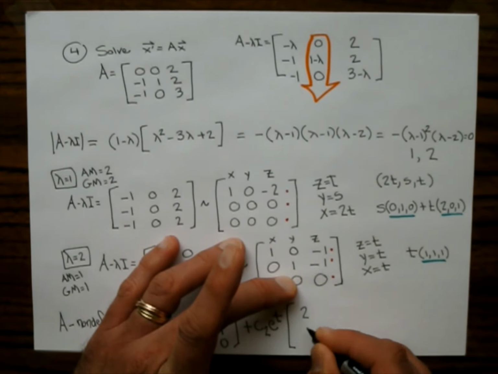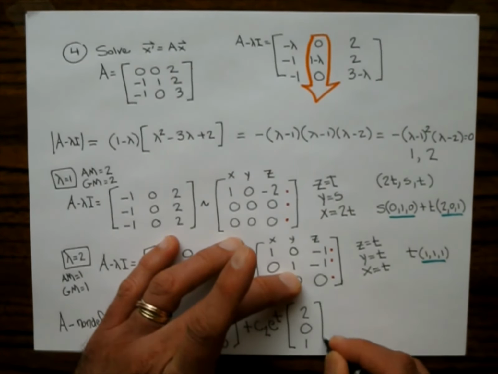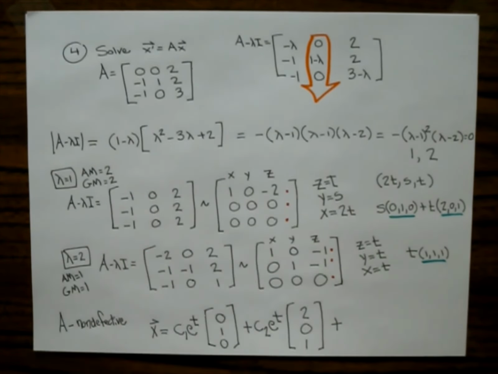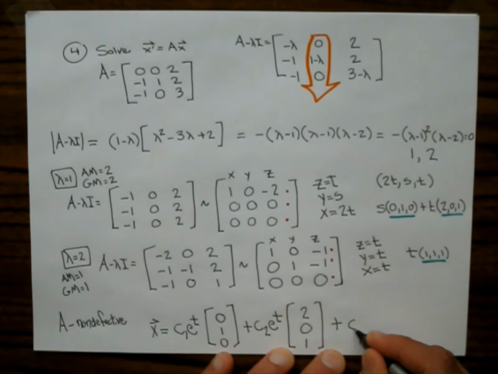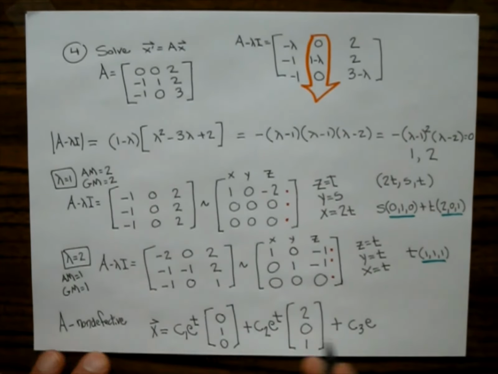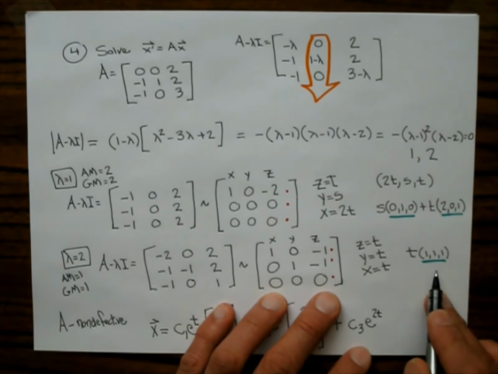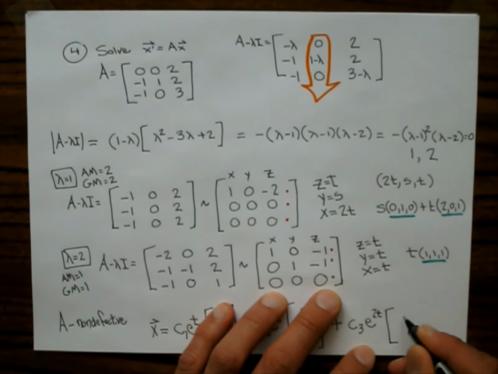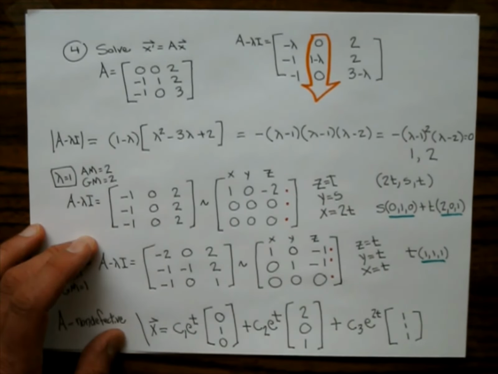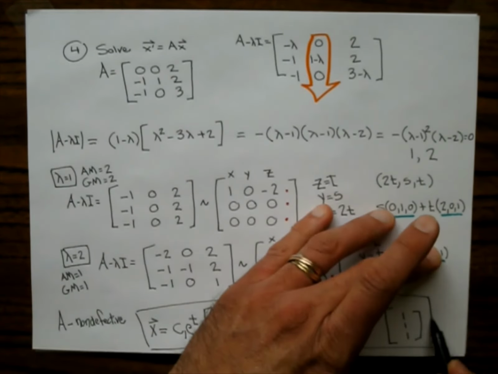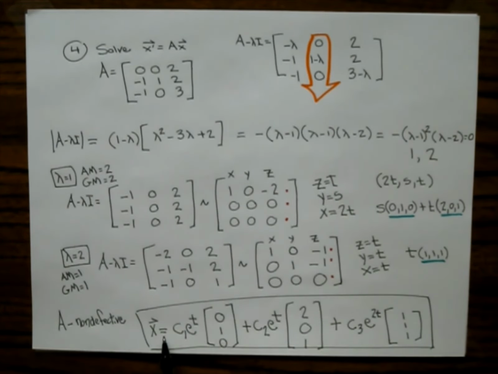Plus C3 e to the 2t, and then we use this eigenvector, which is 1, 1, 1. We write it right there, and we end up having our solution right here.